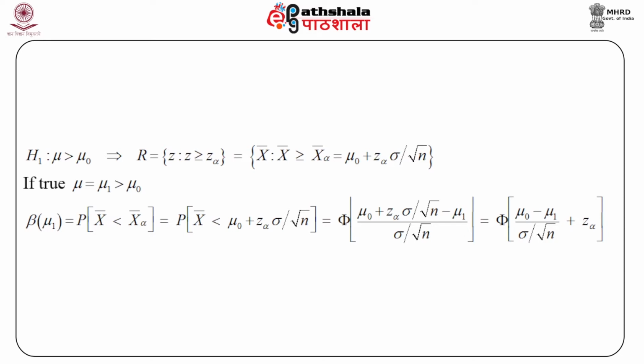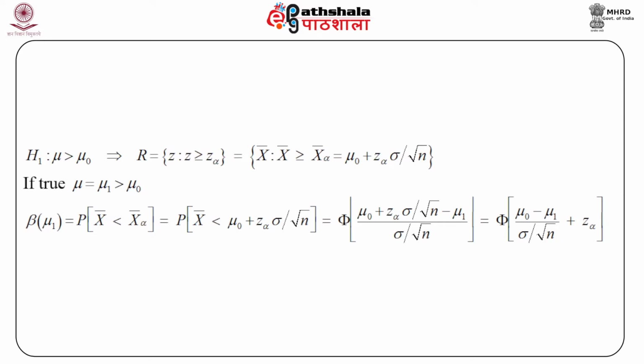We can consider the three alternative hypotheses, which is H1 of mu greater than mu 0, where our rejection region R is Z such that Z is greater than or equal to Z alpha, and this is equal to x bar such that x bar is greater than or equal to x alpha bar equal to mu 0 plus Z alpha into sigma by root n.